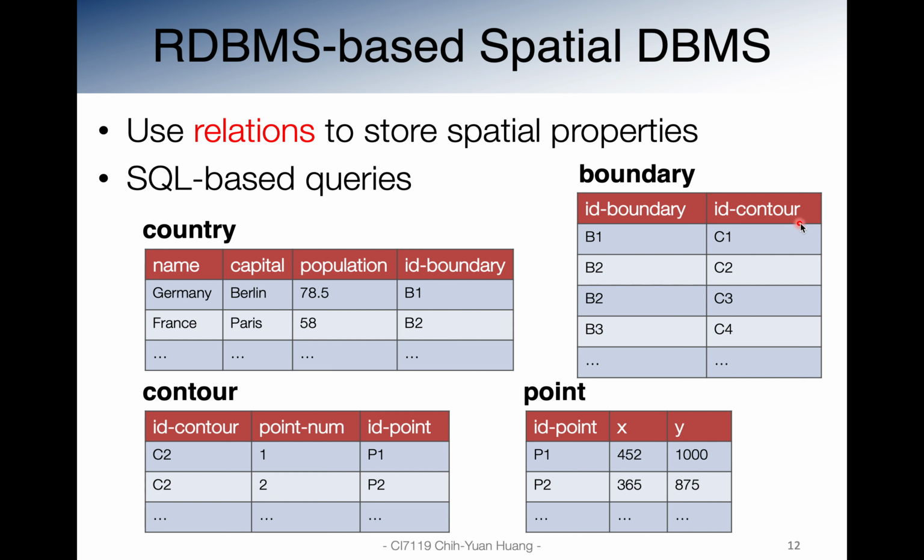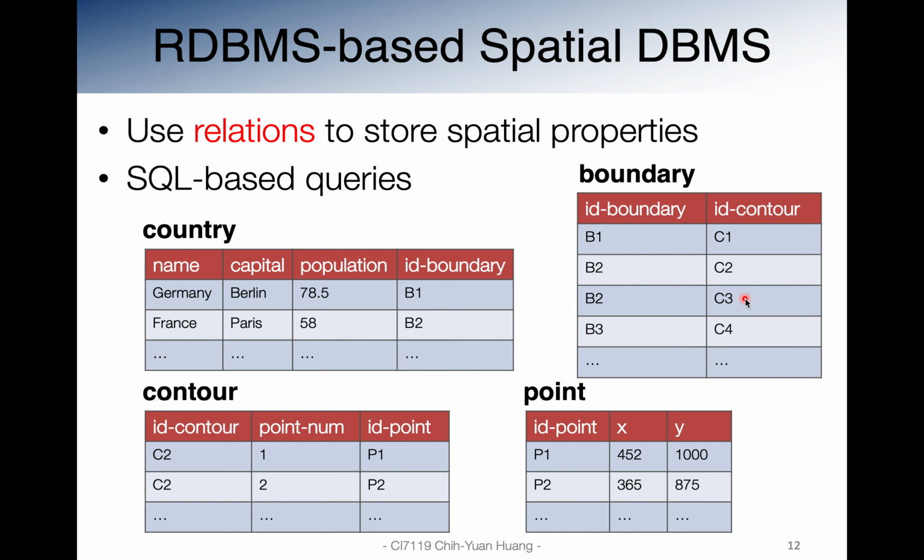For example, B1 means the Germany boundary, and it has one contour, and then B2 means France, and France has two contours, which are C2 and C3.